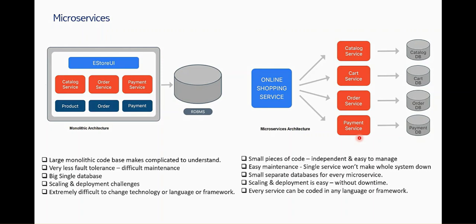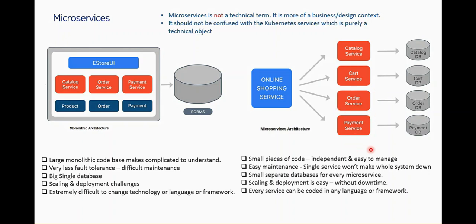From this kind of example, I can say that microservices is not a technical term. It is more of a business or design context. In business terminology, these services are called microservices. They should not be confused with Kubernetes services, which are purely technical objects. A Kubernetes service is a technical object.